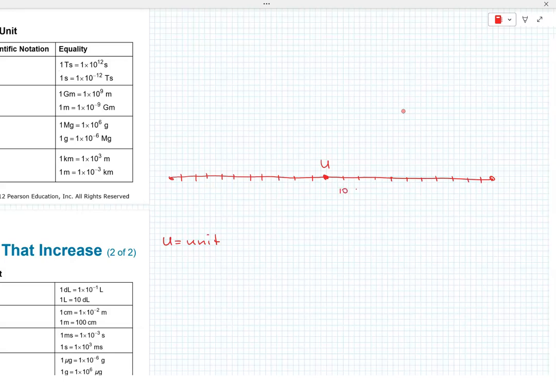So it's 10, 100, 1,000. Does that make sense? Okay. And the greater units are on the left. I will illustrate all of it, don't worry.